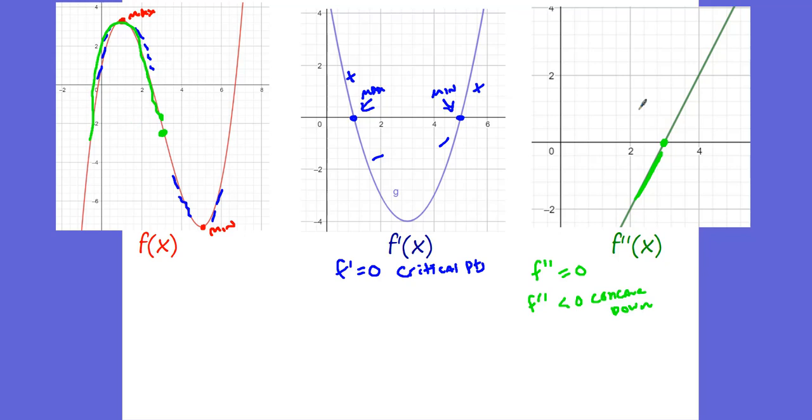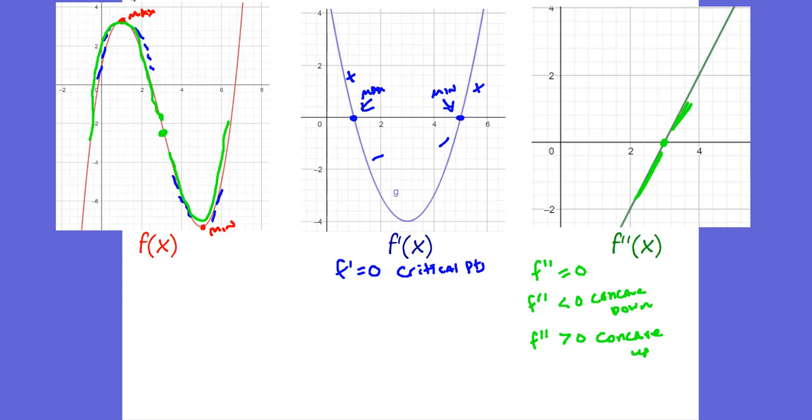If f double prime, our second derivative, is greater than 0, that's going to give us a concave up graph. And you can see over here, this is where we have our concave up. Our concave up is everywhere after 3 here because we're in our positive region.